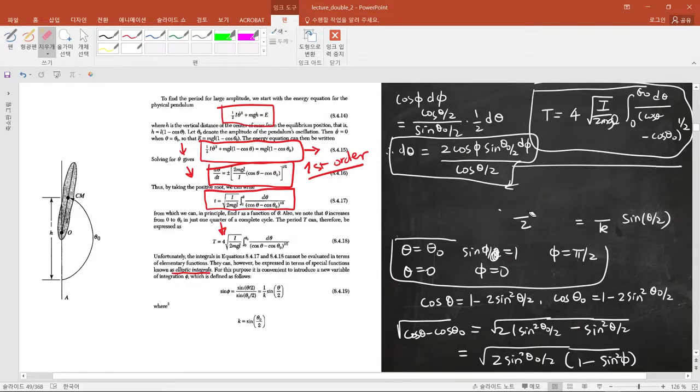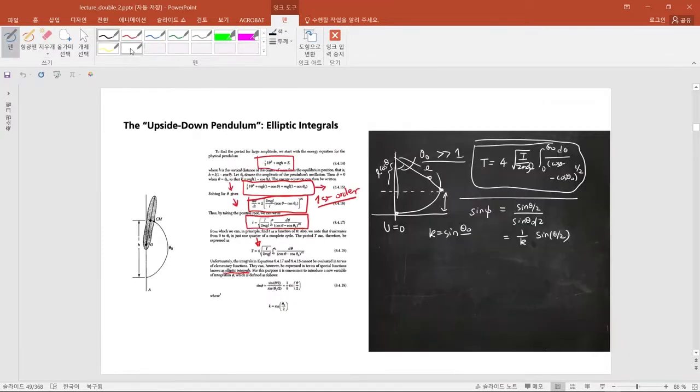So put everything in here. The result was that d theta, we have calculated, is equal to 2 cosine phi sine theta 0 over 2 d phi over cosine theta over 2.